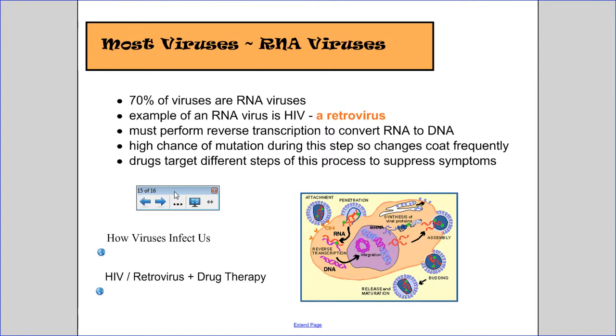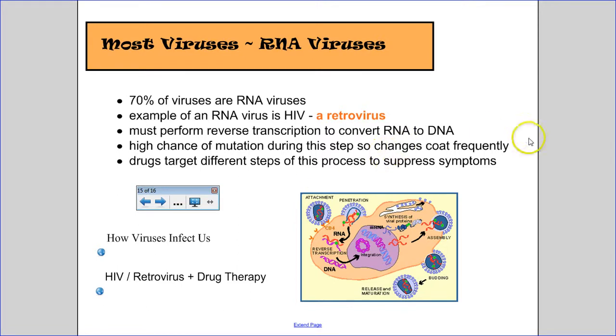And the HIV virus is a retrovirus. So that means it has to take the RNA and use a special enzyme called reverse transcriptase to undergo reverse transcription and convert RNA into DNA in order for it to be able to carry on its functions inside of a host cell.